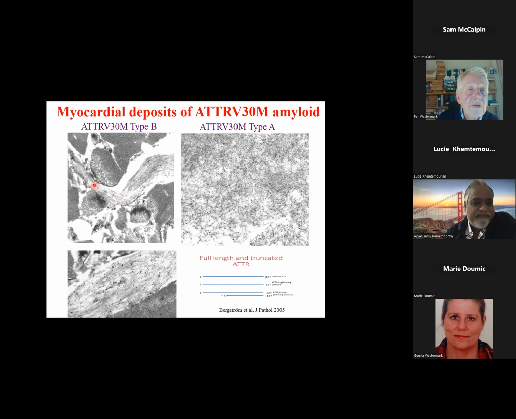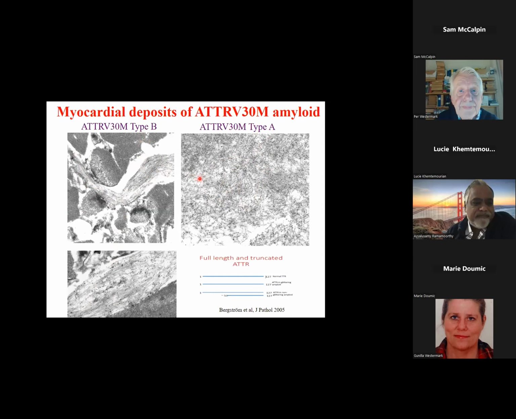And they also had a tendency to be intracellular in the heart muscle, while the other one had more haphazard orientation of the fibrils and did not go into the cardiomyocytes. So we call this kind type A and this one type B.